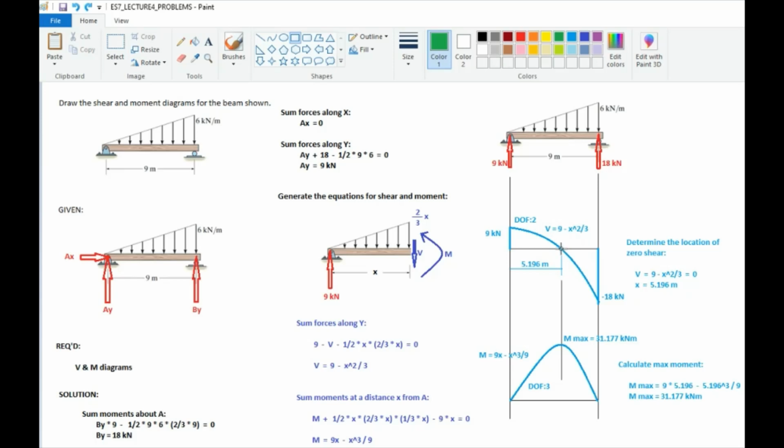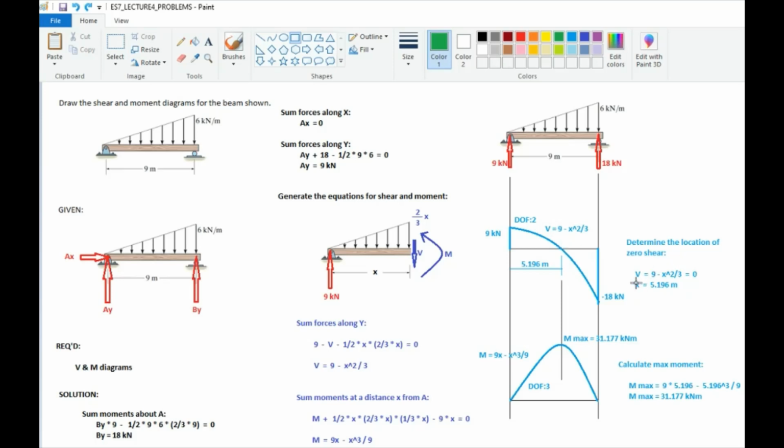And then, if you will notice, our shear diagram goes to zero somewhere here, right? To get this distance, where the shear became zero, we will make use of our shear equation. Okay? So, setting v equal to 0, because we want to determine the distance x where the shear became 0.